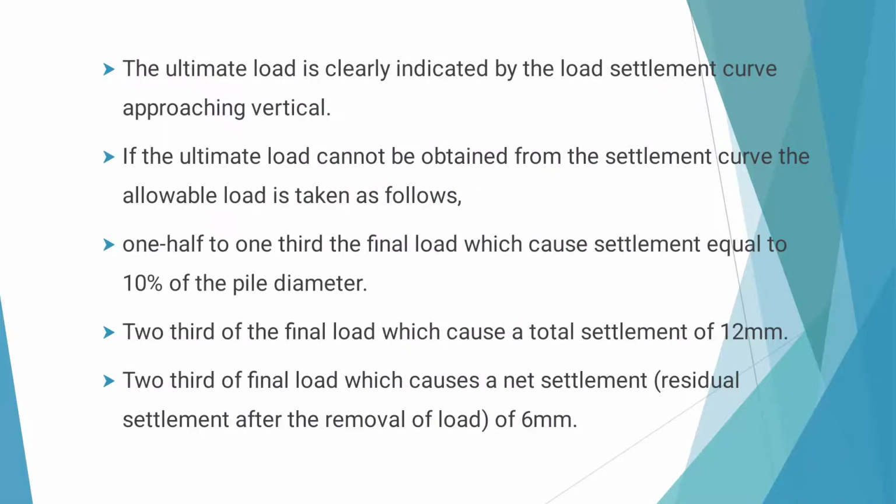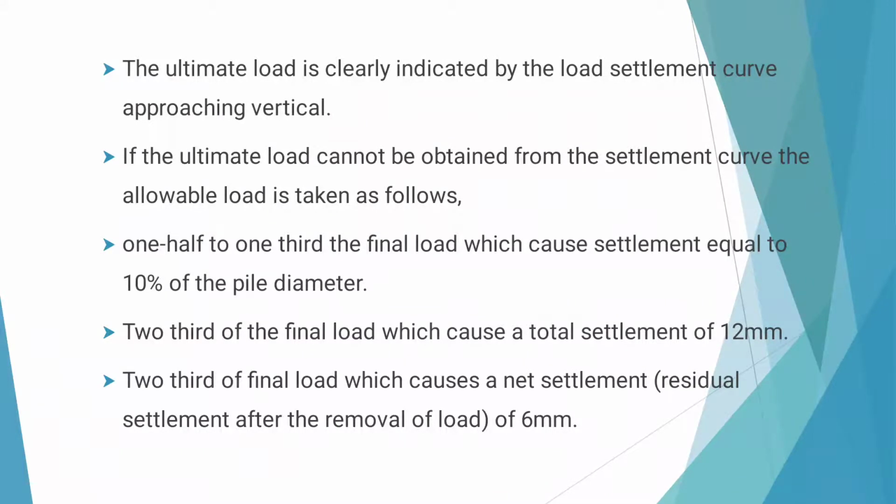The ultimate load is clearly indicated on the load settlement curve by approaching a vertical point. Sometimes, the ultimate load cannot be obtained from the settlement curve. The allowable load is taken as follows. Sometimes the allowable load can be clearly indicated by drawing a graph, and sometimes it may not be obtained.